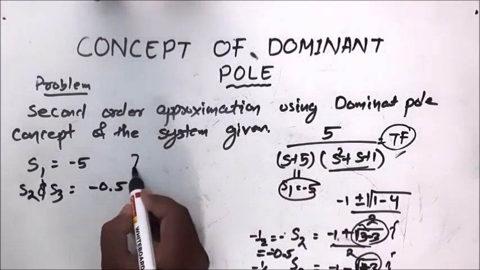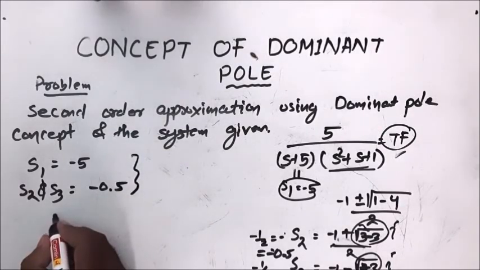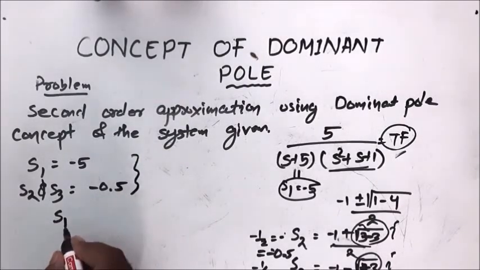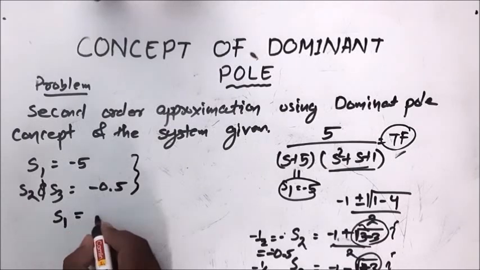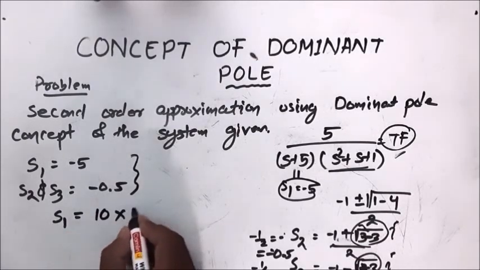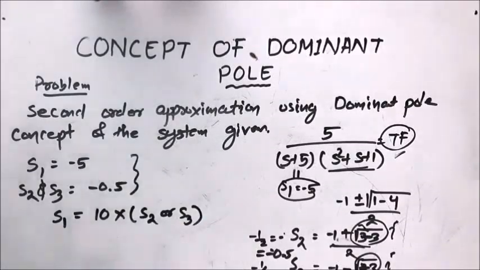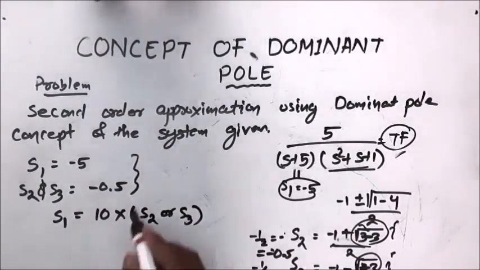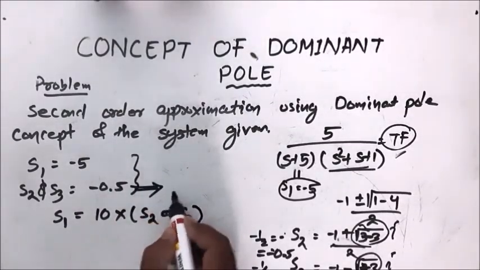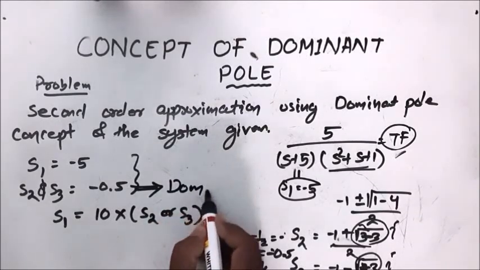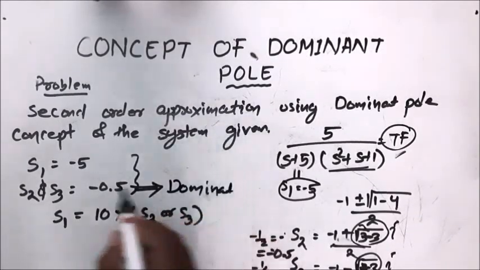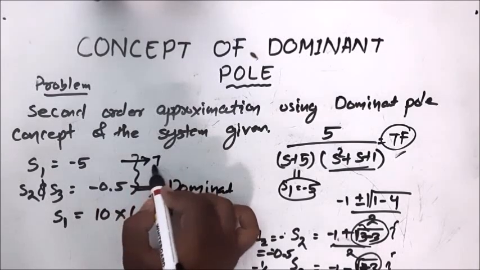If you compare these two, we can see S1 is equal to 10 times S2 or S3. So it is very clear that S2 and S3 are dominant and S1 is insignificant.